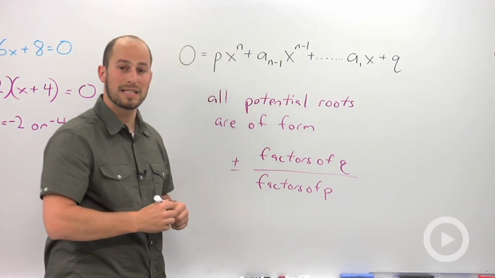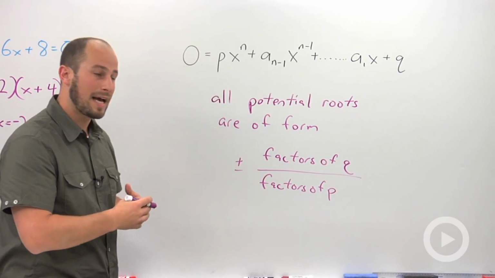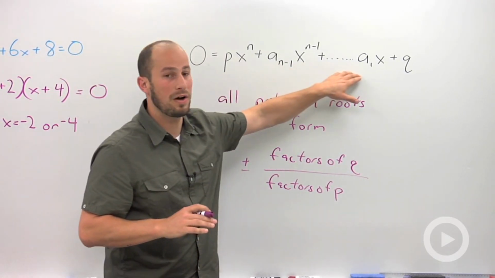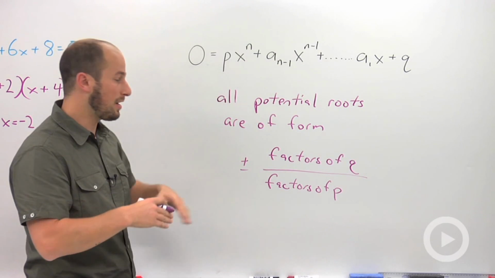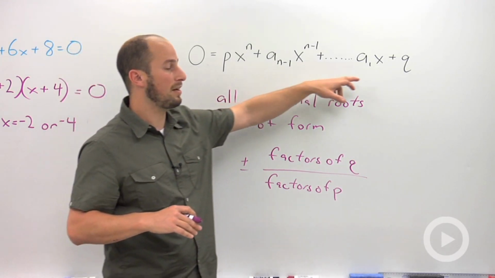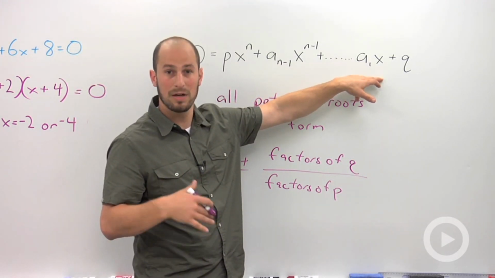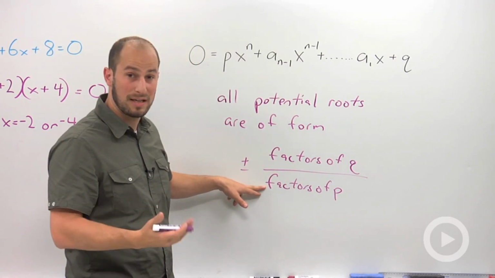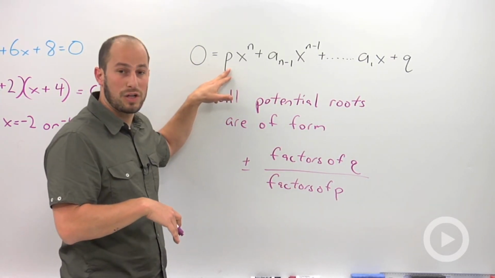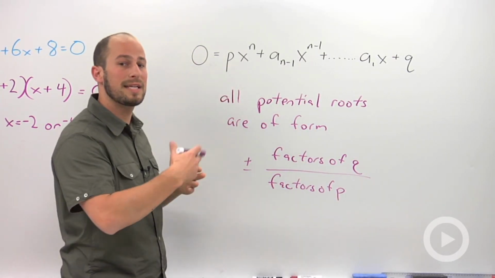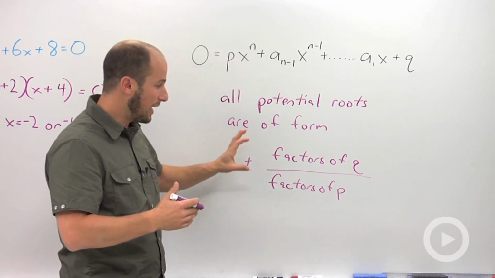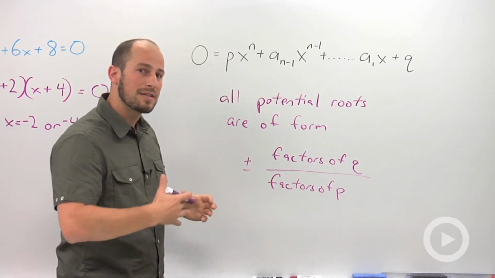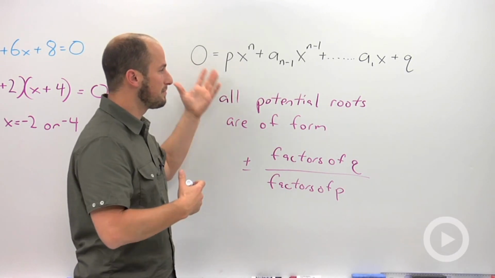And it could be either positive or negative. So when we're looking at that, the middle terms don't matter at all. Really, all we're concerned with are the factors of q, which is our last term, a constant term, over the factors of p, our first coefficient. Okay? And then we can either have positive or negative, any of those combinations.